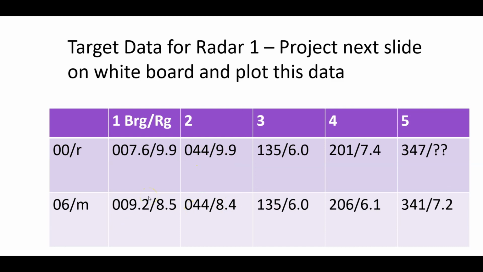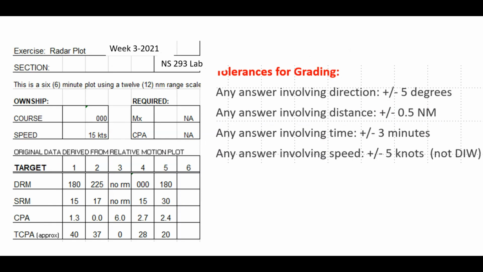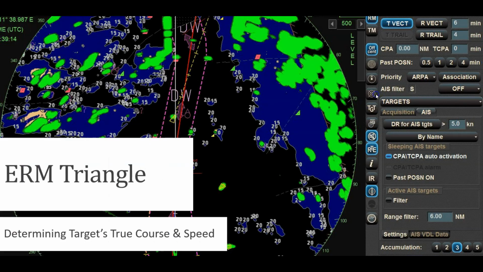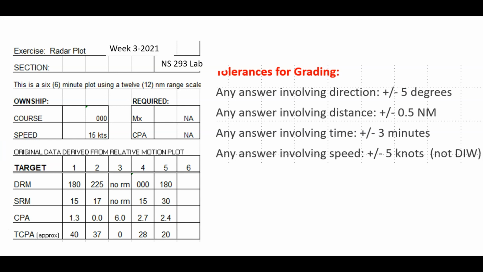And then here's what you should have ended up with for the answers. For target 1, there's your DRM, your SRM, your CPA, TCPA, then targets 2, 3, 4, and 5. And these are the tolerances that we're going to use when we grade these things. Okay. So anyway, keep practicing.